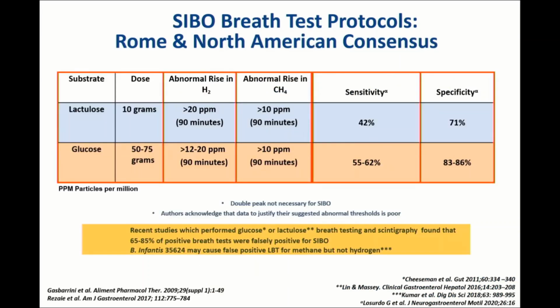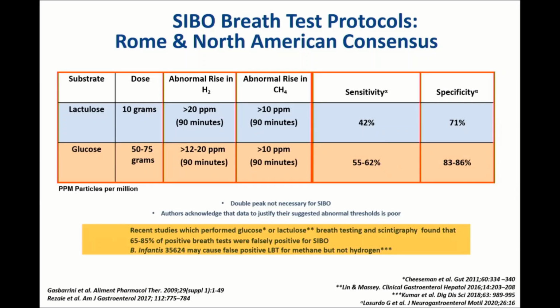So looking at the Rome North American consensus regarding SIBO breath test protocols, these are the doses that we use for lactulose and glucose. We have to have a hydrogen rise of more than 20 parts per million when we're using lactulose, and to a lesser extent, 12 to 20 parts per million when you're using glucose. And we look at the methane rise.